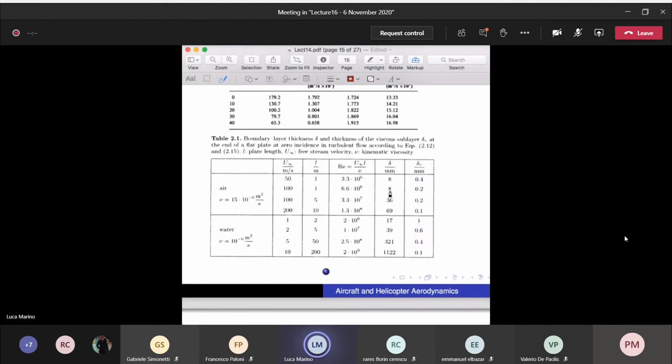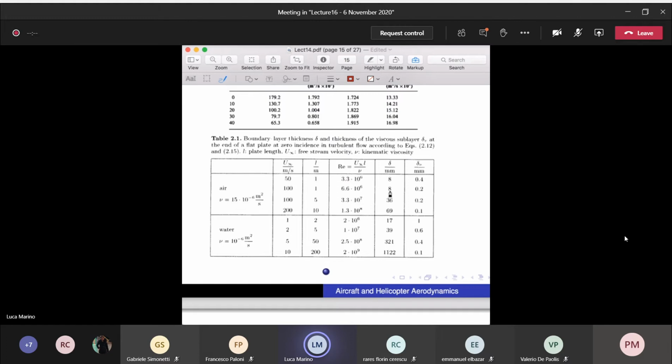And the splitting of the two scales, so the introduction of delta and L, is justified only if the Reynolds number is quite large. Otherwise, if I have that delta and L are of the same order of magnitude, I'm not justified to split the two scales.